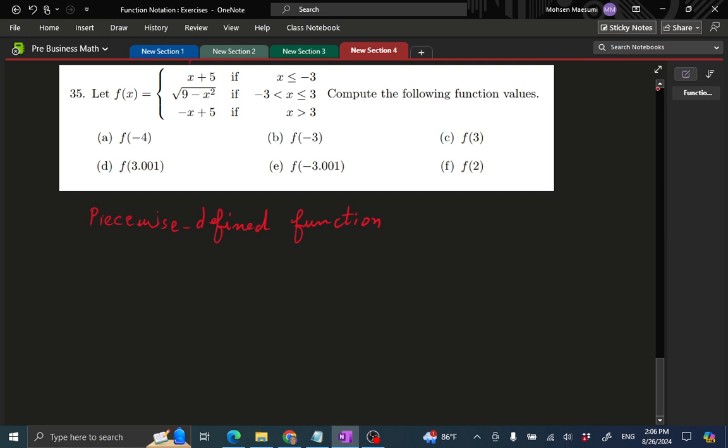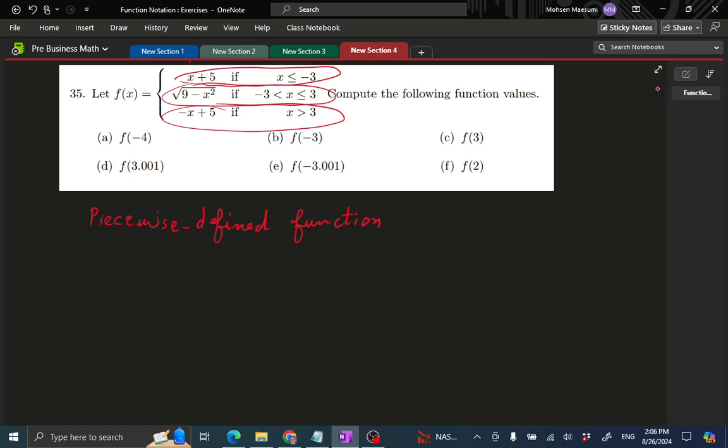So what does that mean? It means a function that is defined in pieces. Here we obviously can tell that we have piece number 1, piece number 2, piece number 3. A function can have as many pieces as you want.